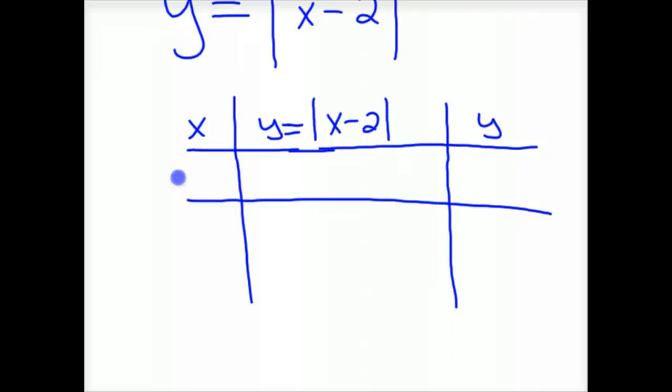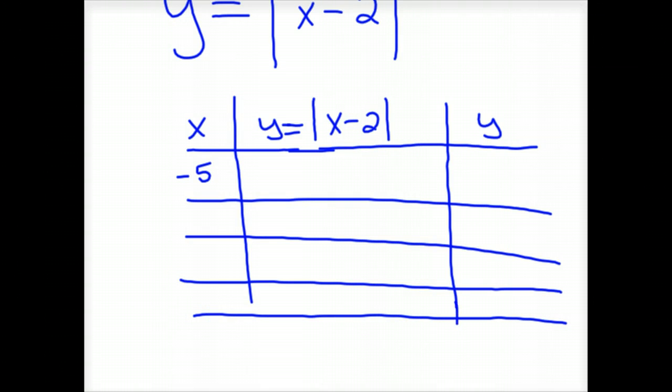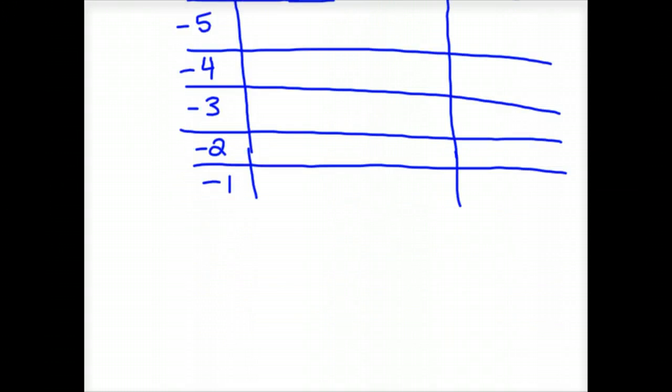I'm going to start with -5 and work my way to +5. Sometimes -5 to +5 does not give you a graph that shows everything you need to show. But in this case, it will. I know what I'm doing, believe it or not.